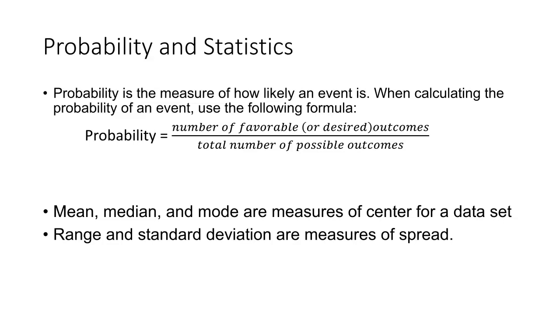Standard deviation has this wonderful, beautiful, awful complex formula. All right? You're not going to have to calculate it on the SAT because, again, it's another thing that just takes too long. But you need to understand what it measures. Standard deviation talks about how spread out a data set is from its measure of center, usually the mean.